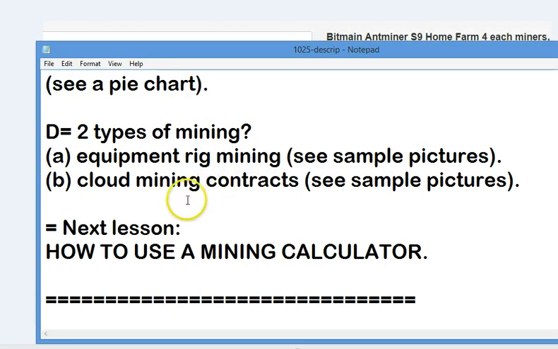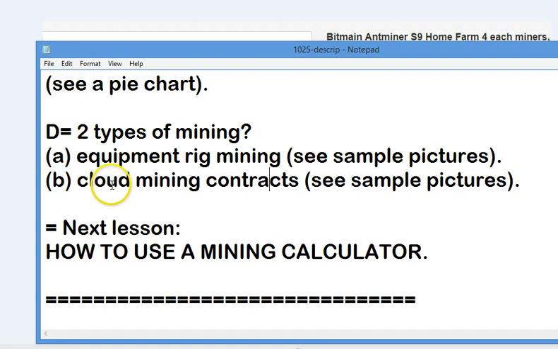The other type of mining is when you contract with cryptocurrency mining companies that do this mining themselves with their own equipment, and basically you just buy a contract from them. Out of that contract they charge maintenance fees or pool fees, and then you get the difference as your profit paid to you every day on a daily basis.